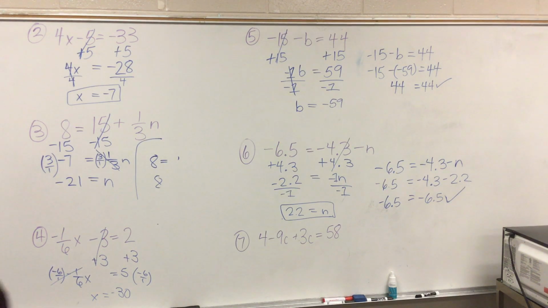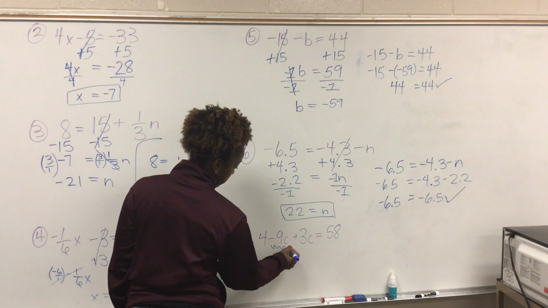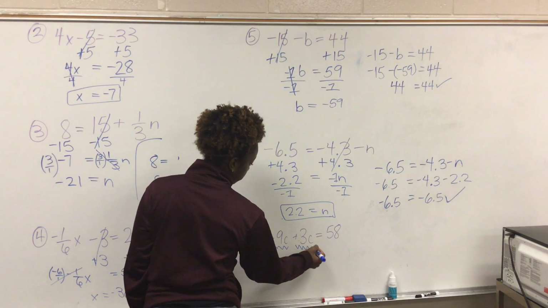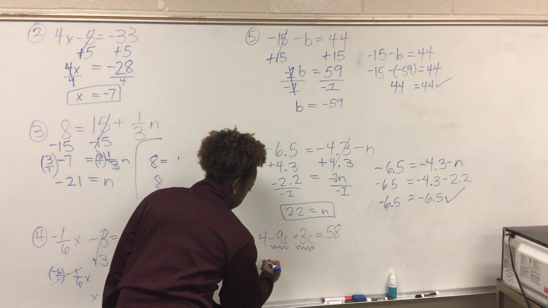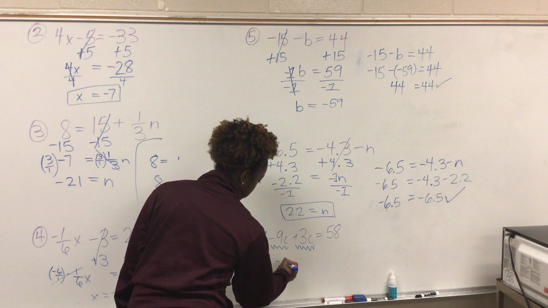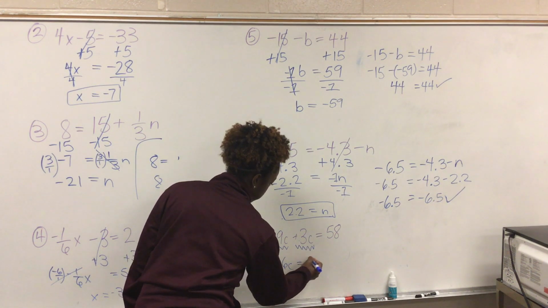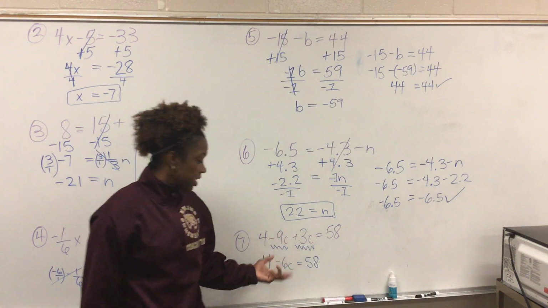So our like terms on this side of the equal sign are negative 9c and plus 3c. So we need to combine those first. So that'll give us 4, negative 9 plus 3 is negative 6c equals 58. So the only thing we did was combine like terms to get started with the problem.